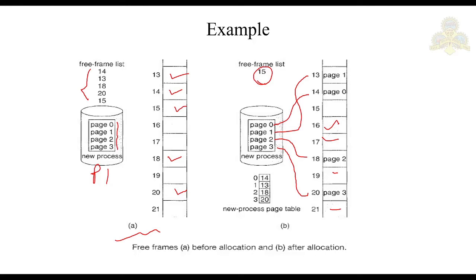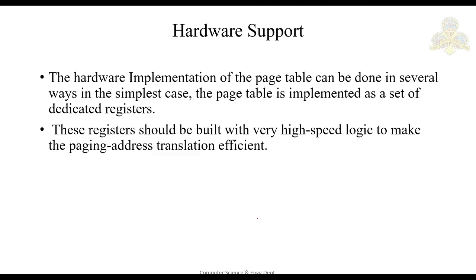Next we will talk about the hardware support, or how we can implement this page table. The page table has to be implemented somewhere so that your operating system can access it, right? The hardware implementation of your page table can be done in many ways. The simplest is to implement the page table using registers.